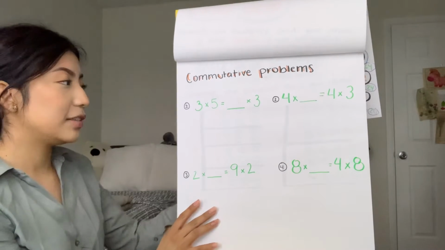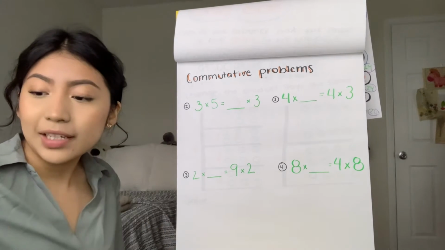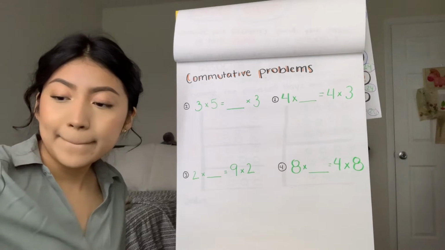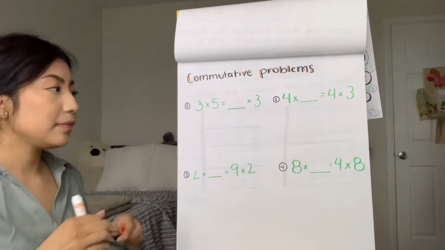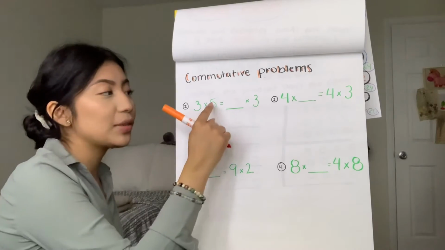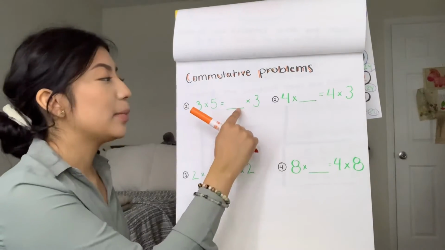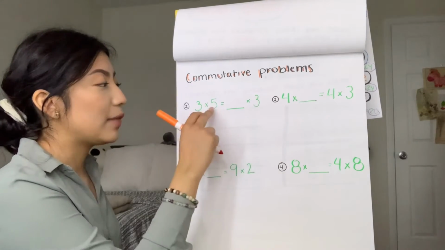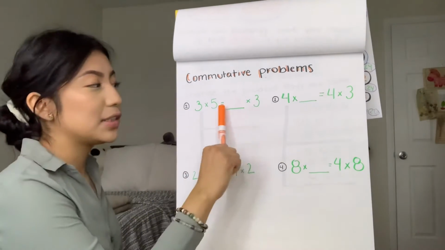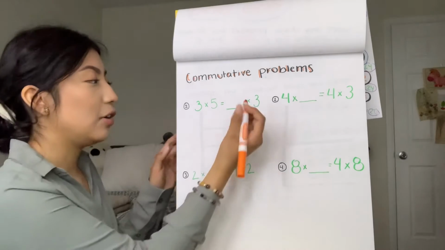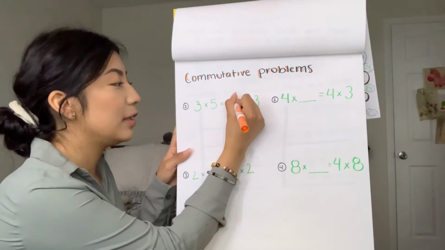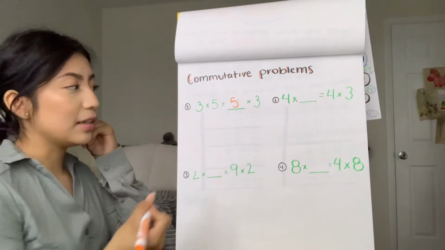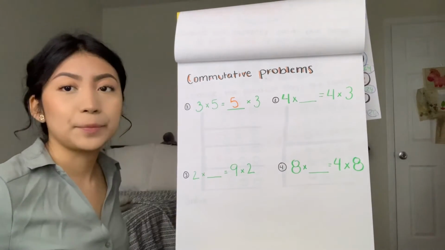All right. So let's see here. Okay, so the first one is 3 times 5. What number right here is missing? If we have 3 here, and we have 3 here, and we have a 5 left, is there a 5 on this side? Okay, so we're gonna put our 5 right here. So let's try that. What's 3 times 5?